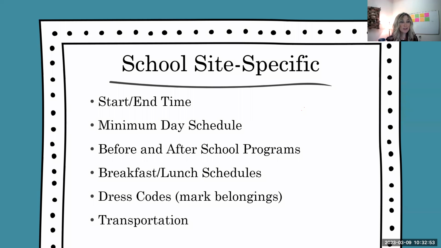Okay, so I've already talked a little bit about the various start and end times. They differ between schools. Also, our Wednesdays minimum day schedule, where it's 45 minutes early every Wednesday. And each school has different opportunities for before and after school programs.